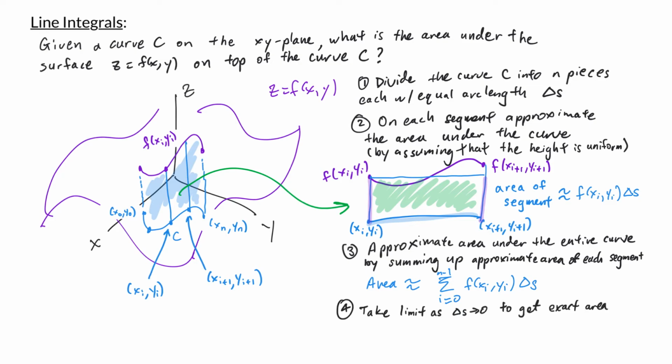So in our last step, we're going to take the limit as delta s goes to 0 to get the exact area. So our area is equal to the limit as delta s goes to 0 of the sum from i equals 0 to n minus 1 of f of xi yi delta s.